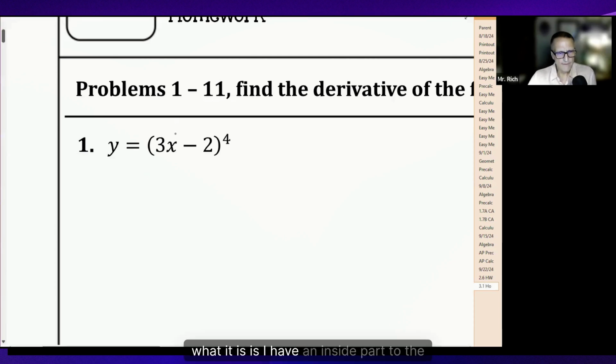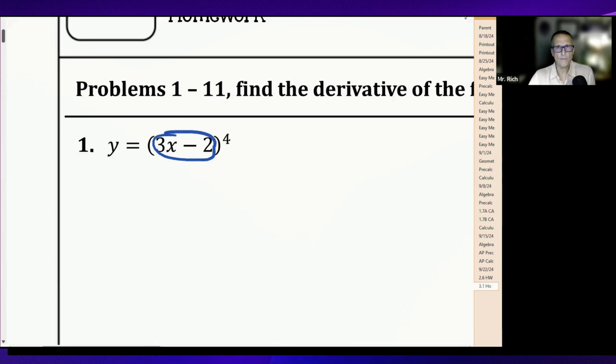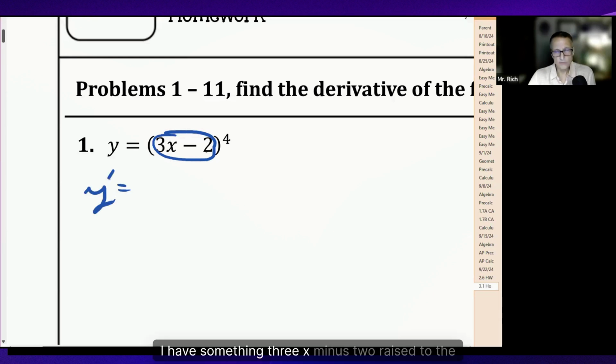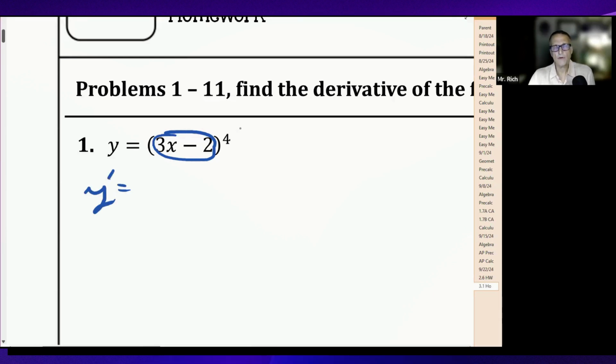I have an inside part to the function, 3x minus 2, and the whole thing is being raised to the fourth power. So when we take the chain rule, we say, well, I have something, 3x minus 2, raised to the fourth power. So I'm going to use the power rule.